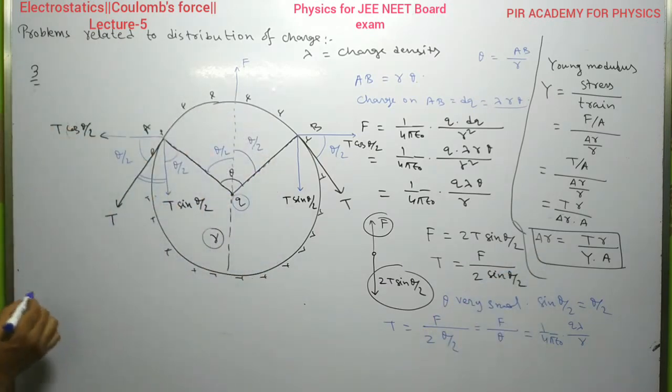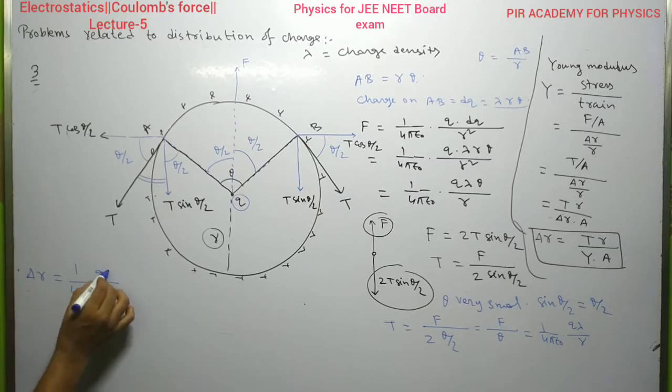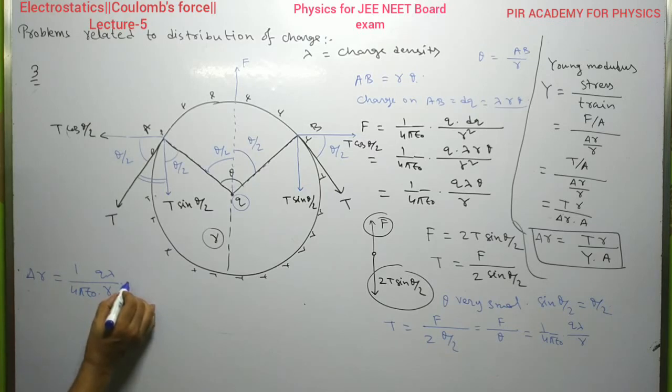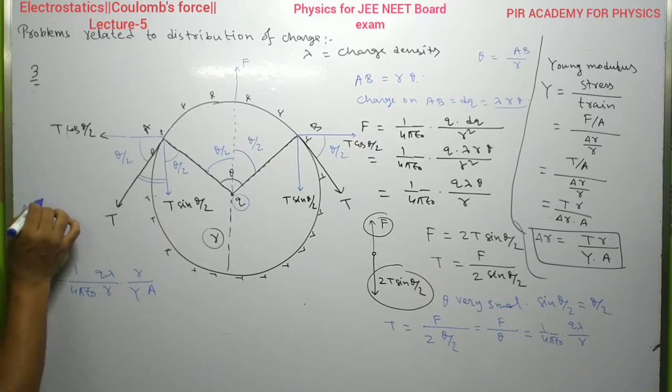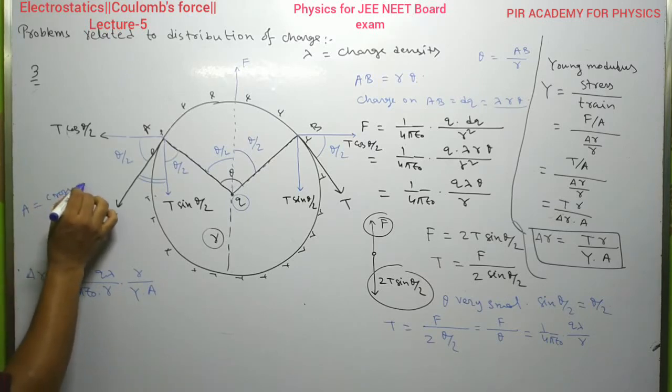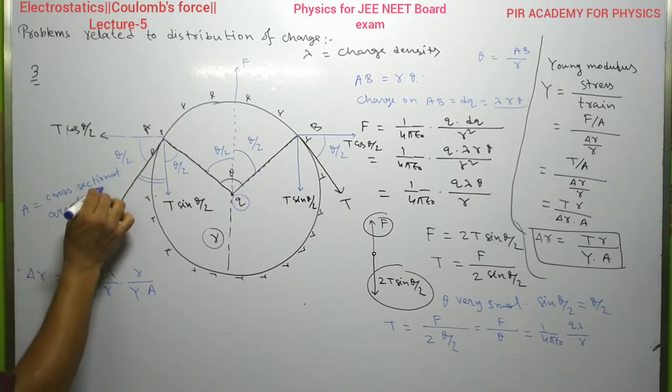So change of radius can be written as, here T is 1 by 4 pi epsilon naught into q lambda by r, here is another r, and here is Young modulus and area. This area is the cross-sectional area of the wire.